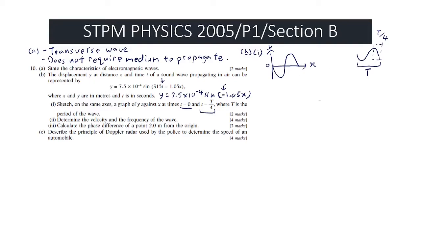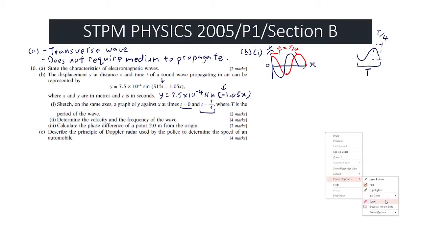And now we change the color of my pen. Now we start drawing from here, because they are going with this T over 4, and the rest we just repeat the same oscillation, something like this. And this is due to t equals T over 4, and this is the waveform.